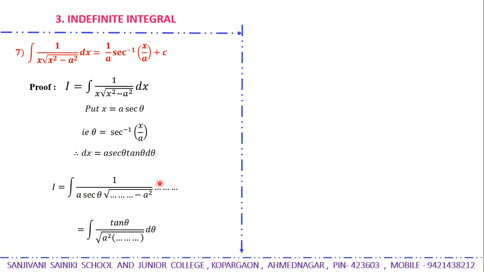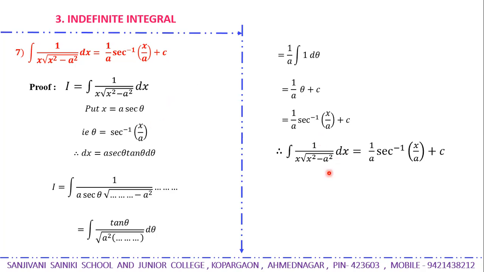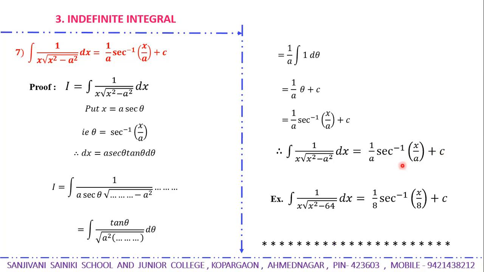and this sec theta will cancel with the numerator, and you will get 1 upon a integration of d theta. So its integral is 1 upon a theta. But what is theta? Theta is sec inverse of x by a. So the integral of 1 upon x root x square minus a square dx is equal to 1 upon a sec inverse of x by a plus c.